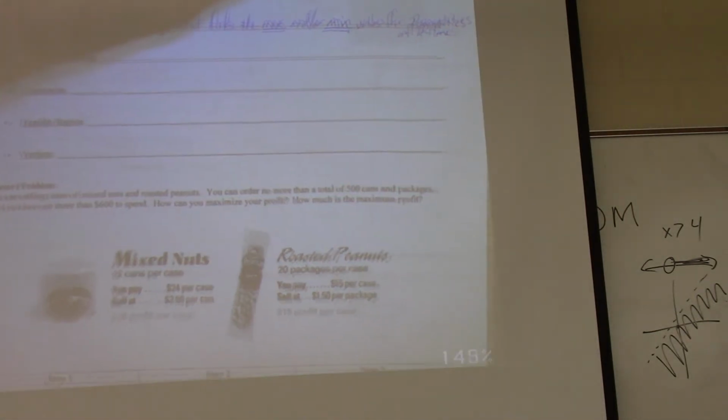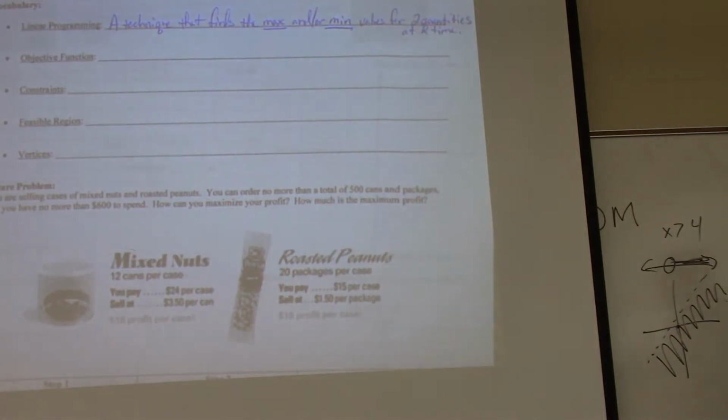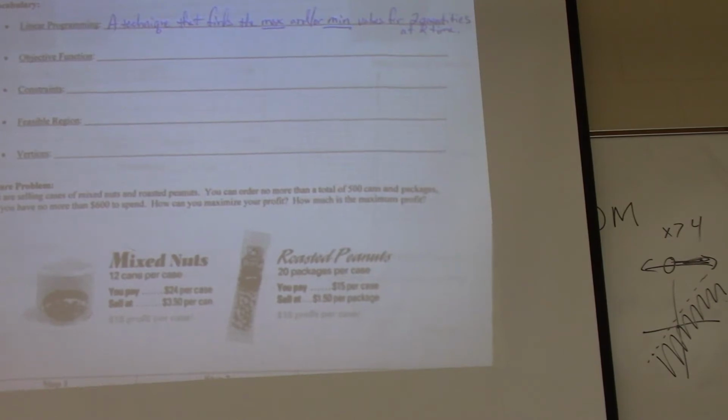More times than not, we're looking for the maximum. That's not always the case, but I don't want a minimum profit. I don't want to make a little bit of money. I want to make as much money as I possibly can, right? So most of the time it is for the maximum, but there are going to be problems where I'm asking for the min as well. Most of those types of problems aren't the story problem type. They're the just go try and graph them and figure it out. And those I think you'll find fairly simple.